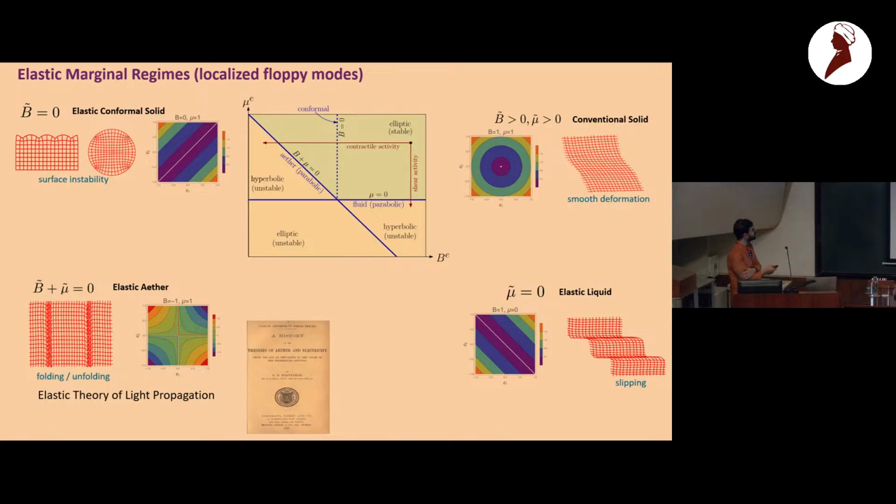And when this combination vanishes, you get compression and expansion bands. And when you hit this bulk modulus equal to 0 line, nothing happens for infinite systems. But for finite systems, you get something called surface instability. Our focus is on this material, and this has been historically called an elastic ether.